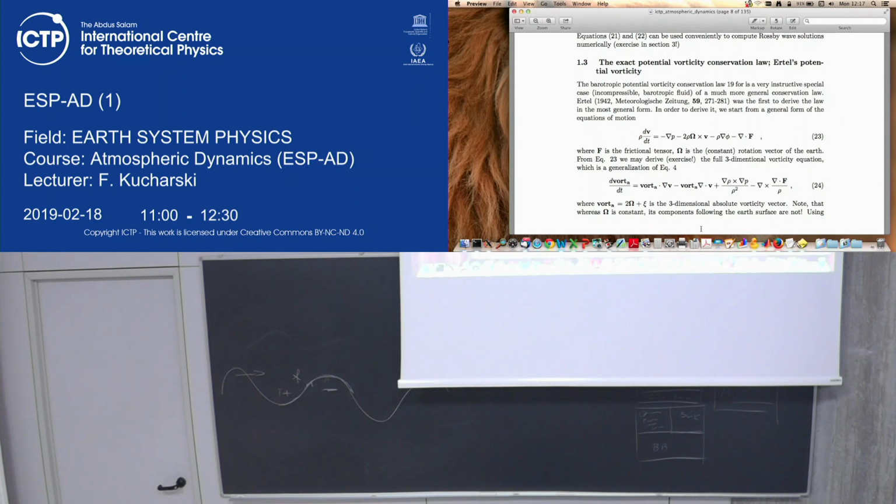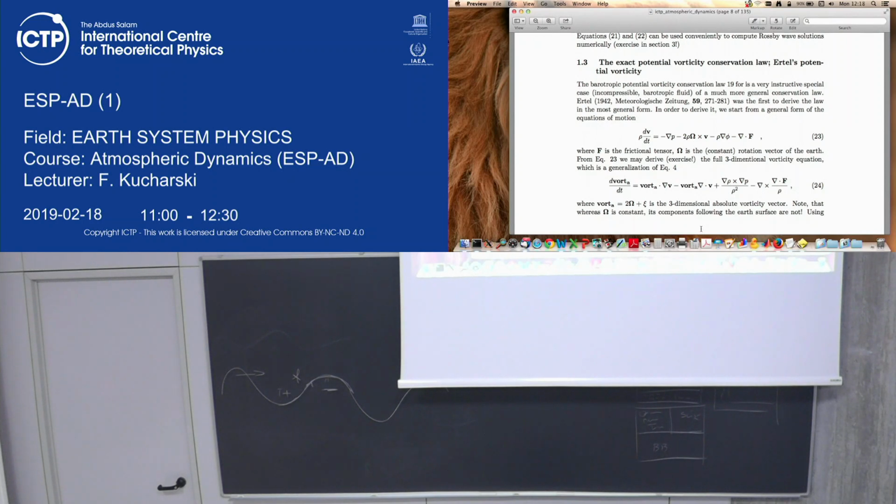This is now three-dimensional, U, V, and W. What is this term? The gravitation. And this we use as an abbreviation for our frictional forces. You could just write it as a vector f, it doesn't matter.